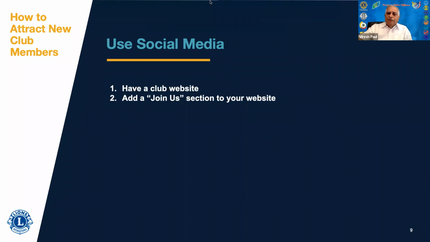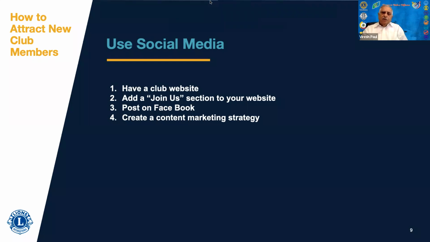It's your shop window after all, where people in the local community who are looking around will come up against this. Start posting on Facebook about what you're doing, and always add at the end, we're looking for new members, come and join us, get in touch, and this is how you get in touch with us. On Facebook, have a content marketing strategy.